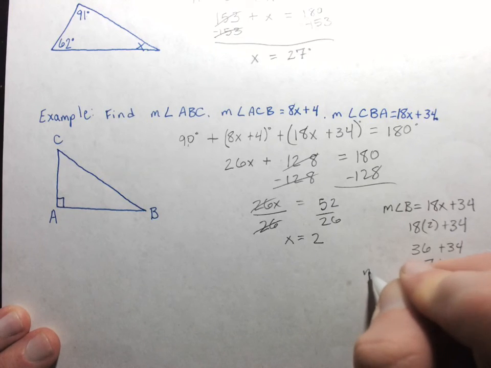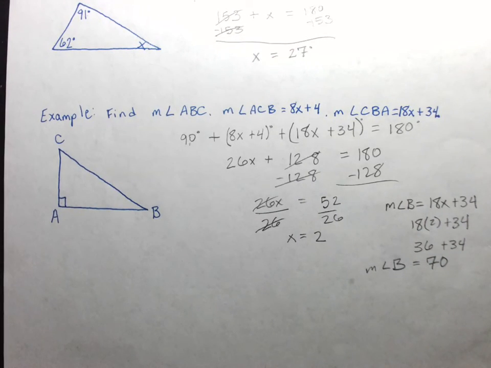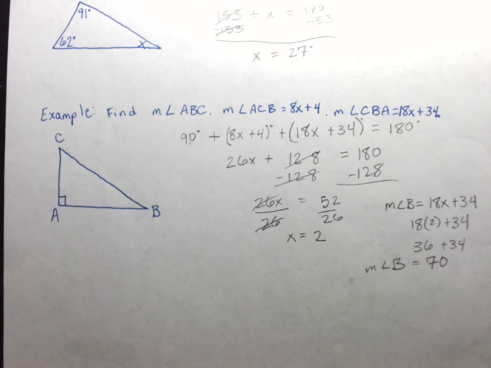So this is the measure of angle B, 70 degrees. So pretty simple. Your three angles inside of a triangle add together to give us 180 degrees. Don't get mixed up thinking any of the angles that are outside would confuse you there.